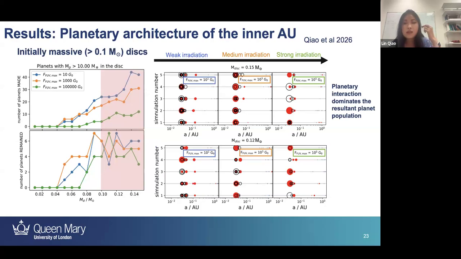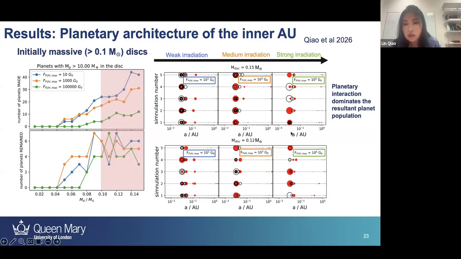So with this in mind, we plotted the final planet population evolved under different radiation environments. First, we're looking at the inner AU region. Here are two examples of the final resultant population formed in two initially massive disks.